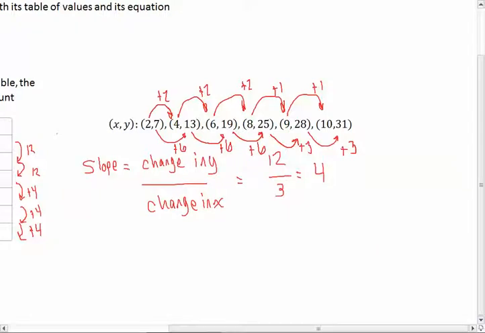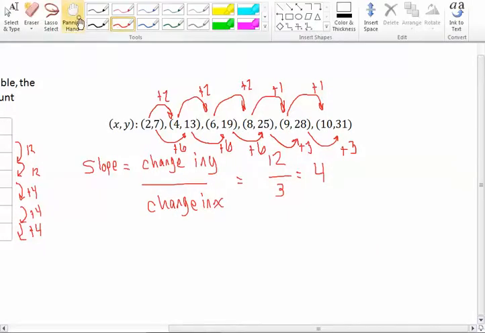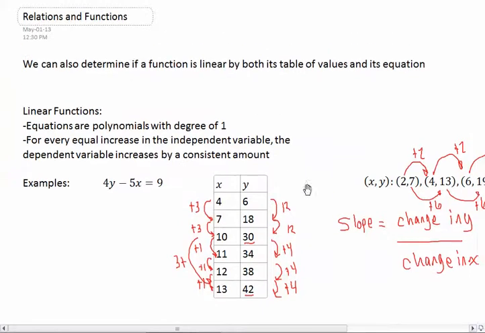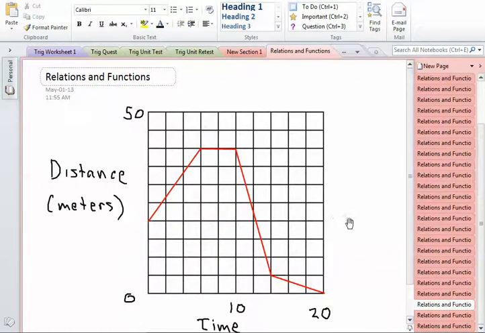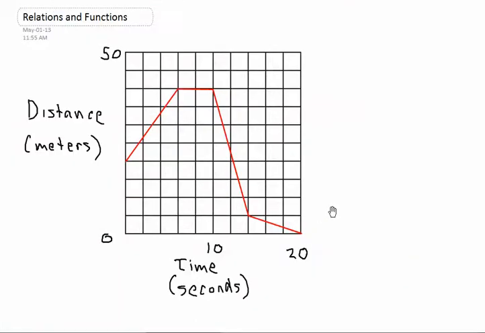Okay. So let's take a look. Hand icon. So let's take a look here at our next one. Okay. So this is our topic of interpreting graphs. So what I got here is I've got a distance versus time chart. So let me ask you this first.